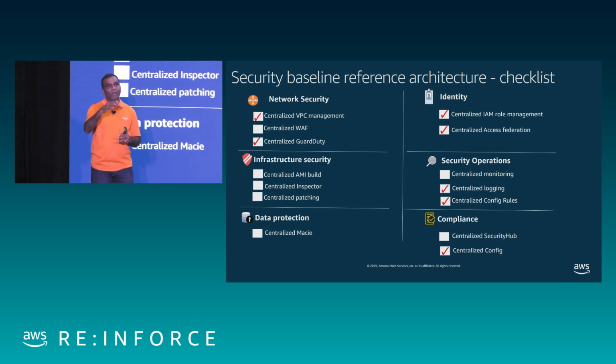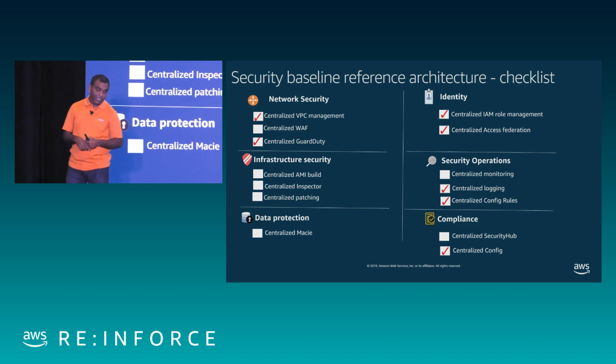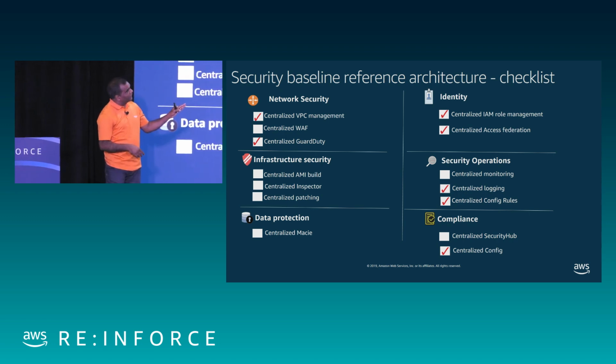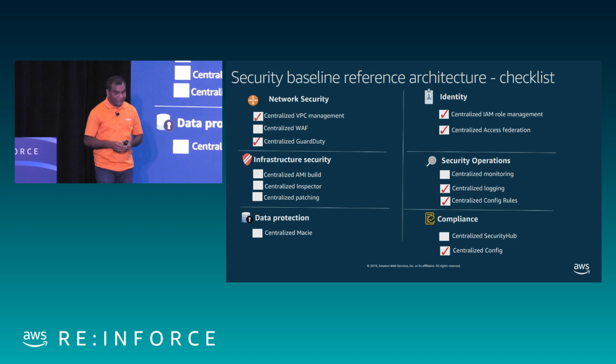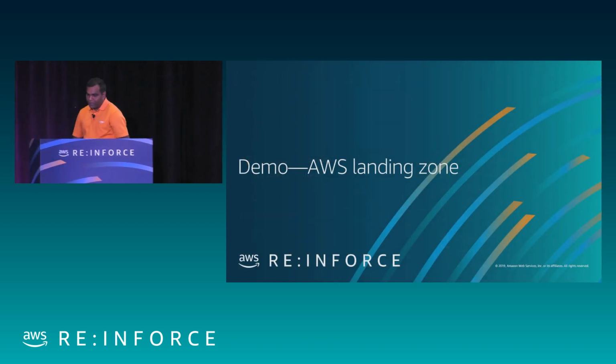That way you can go back and replay what changed, who changed it, and when, which is good audit evidence. So we are turning on all the Config and Config rules for you. We check a lot of stuff already just by using the landing zone.